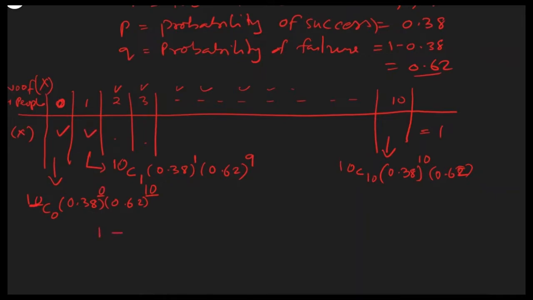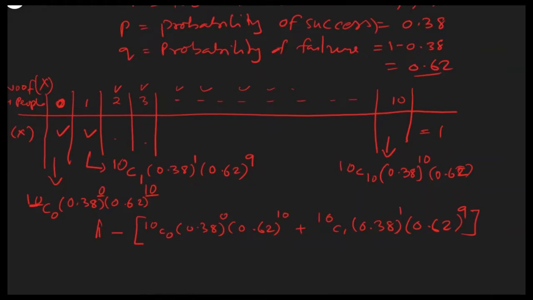So 1 minus 10C0, 0.38 to the power 0, 0.62 to the power 10, plus 10C1, 0.38 to the power 1, 0.62 to the power 9. If I subtract that from 1, I will get the rest of them, which will become at least.